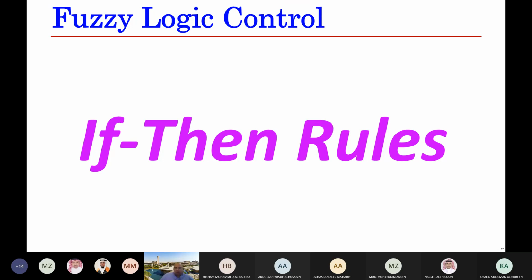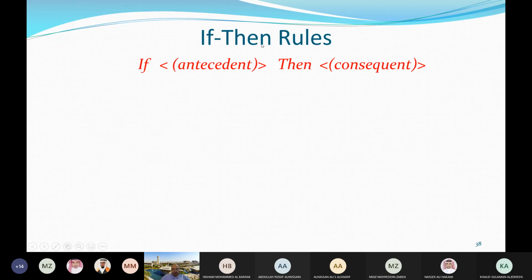sets. So let us move now on how to calculate the if-then rule. This is the typical or the standard format of the if-then rule. You have if, this is the antecedent, then this is the consequent part.